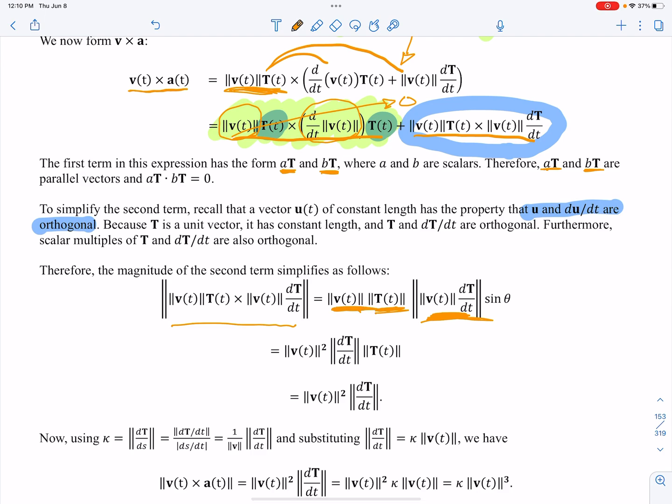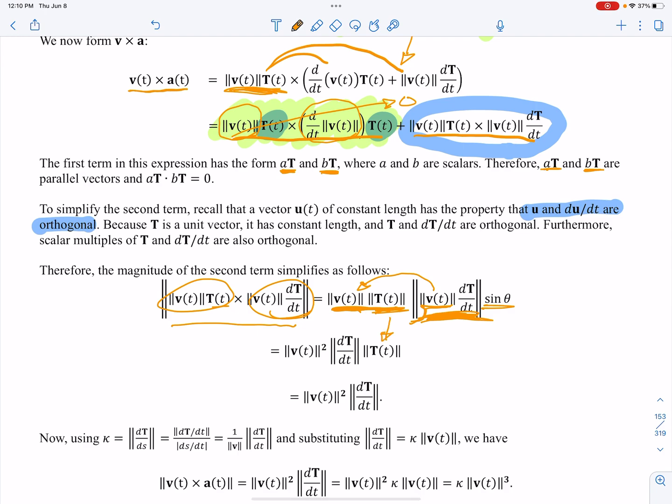This is like the magnitude of the first cross, the magnitude of this one, and then the sine of the angle between. But the magnitude of a magnitude is just the magnitude of itself because it's just a single term. So this thing comes out, giving us that square there. And then we just rewrite everything else.